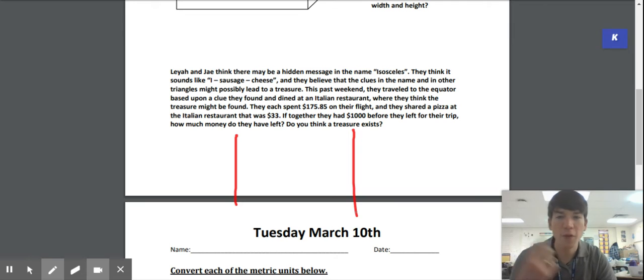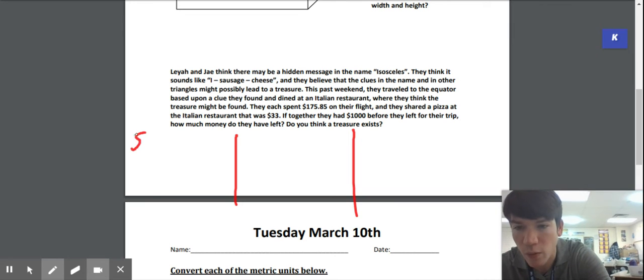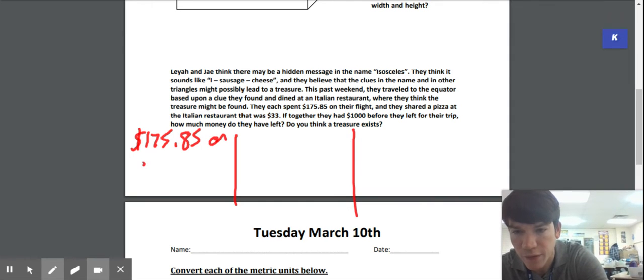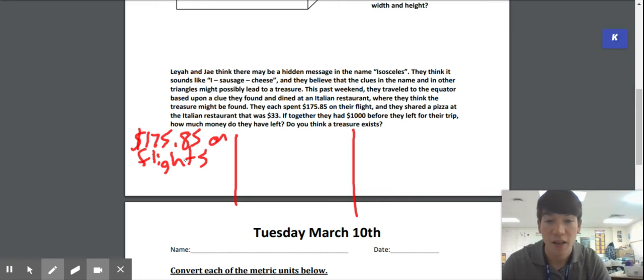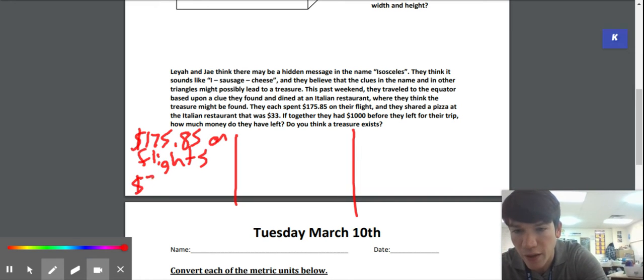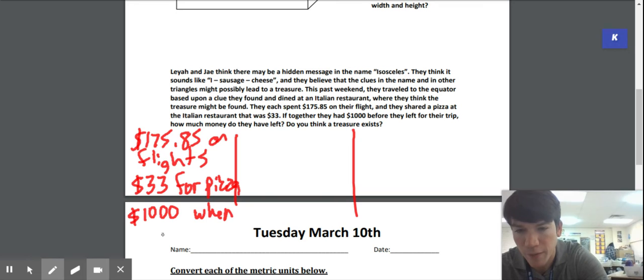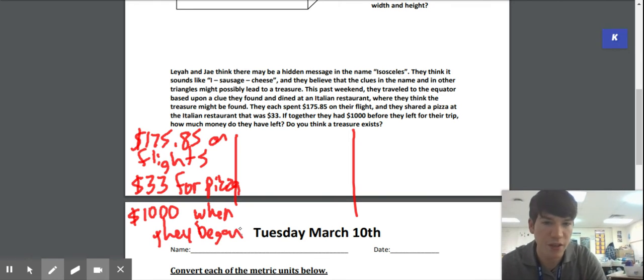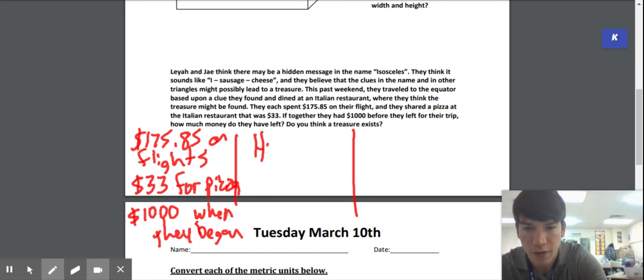All right. So first off, I know that they spent $175.85 on flights. And remember, they both need a flight. They both need a ticket. $33 for the pizza, and they split that, so that cost only happens once. And then they started with $1,000 when they began. And the question here is asking how much money do they have left?